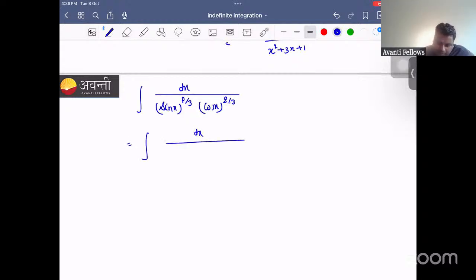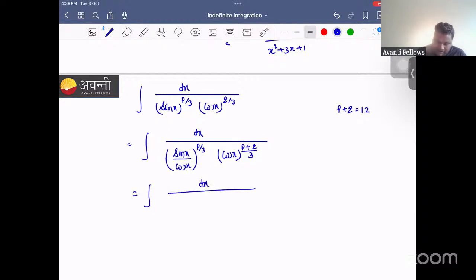dx upon, in the denominator only, I multiply and divide by cos x raised to the power p by 3. So it became cos x raised to the power p plus q by 3. And now p plus q is 12, that is given to me.